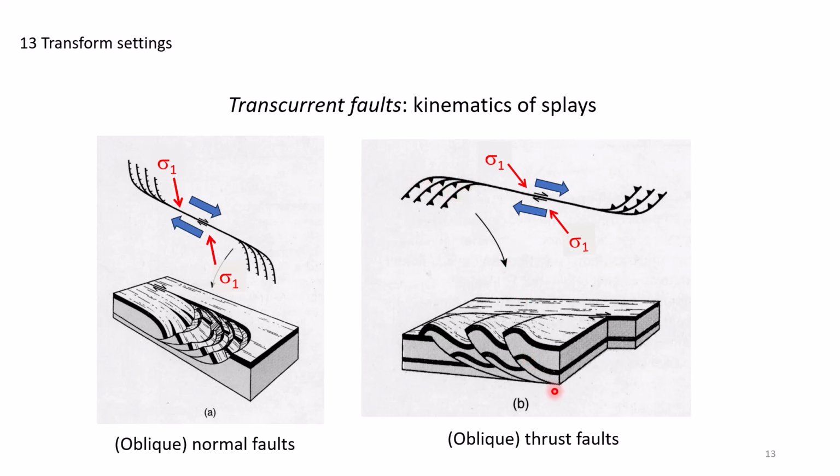And these splays would then form geometries that we see here in the block diagram, again with listric reverse, oblique reverse and thrust faults separating different blocks from each other that accommodate the contraction that is required in such places.